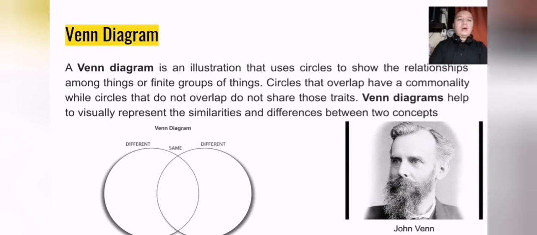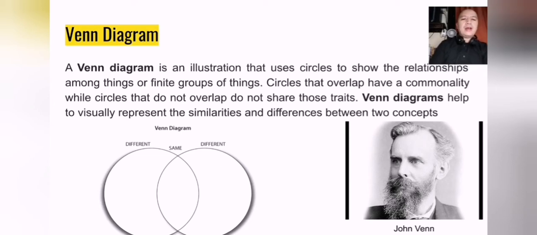So let's go now to the concept, or what you call the Venn diagram. The Venn diagram is an illustration that uses circles to show the relationship among things or finite groups of things. Circles that overlap have a commonality, while circles that do not overlap do not share those traits.